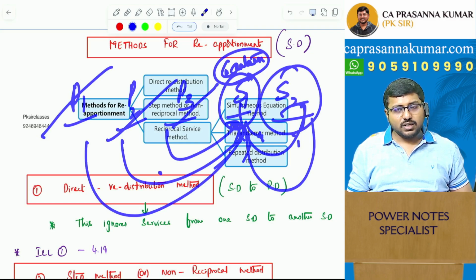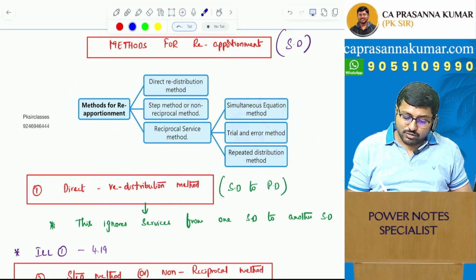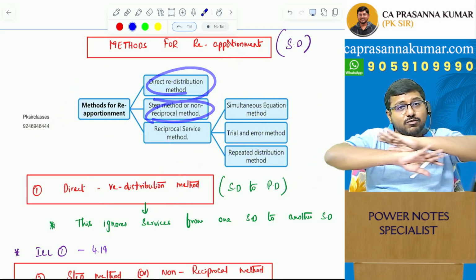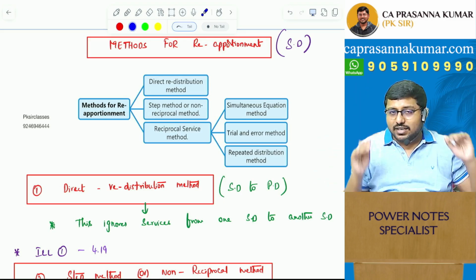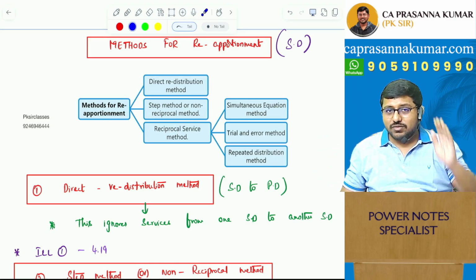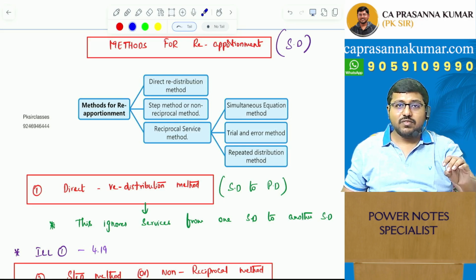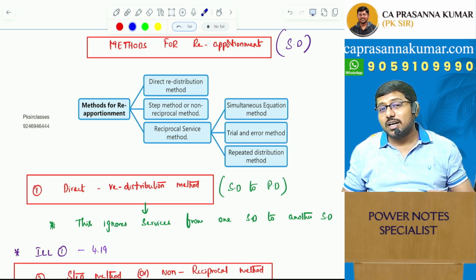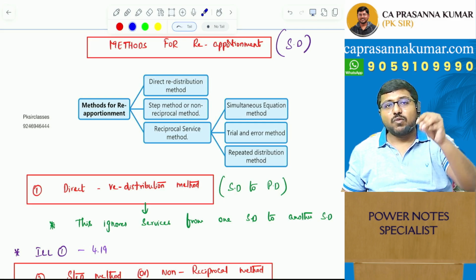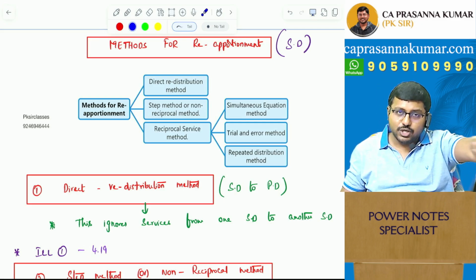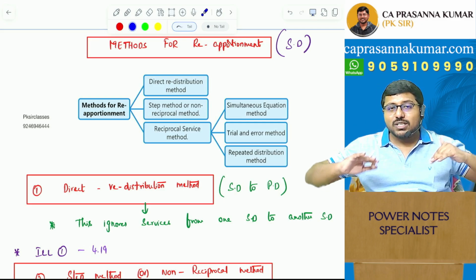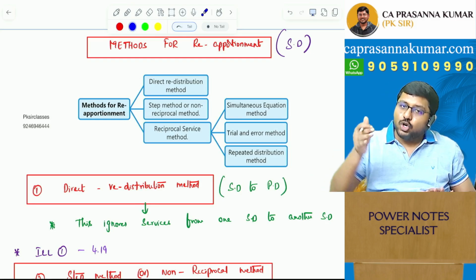You got the point? So that is what happens in step ladder method. In direct distribution method, we have totally ignored one service department giving service to another service department. Even if that data is given in the question, we will ignore it. One service department providing service to another service department, that data will be ignored, and we will be doing secondary distribution of service departments to production departments only.